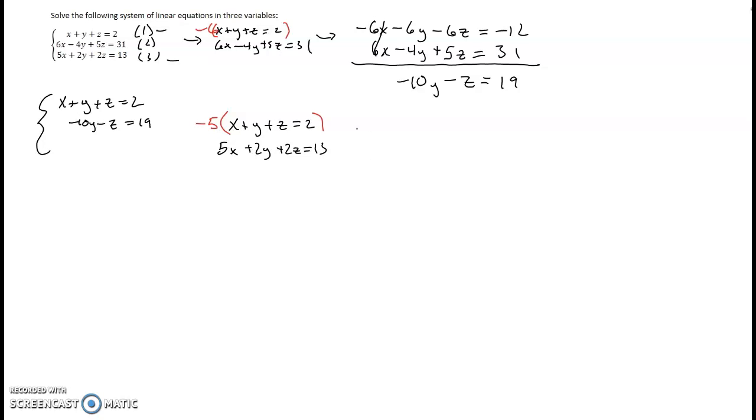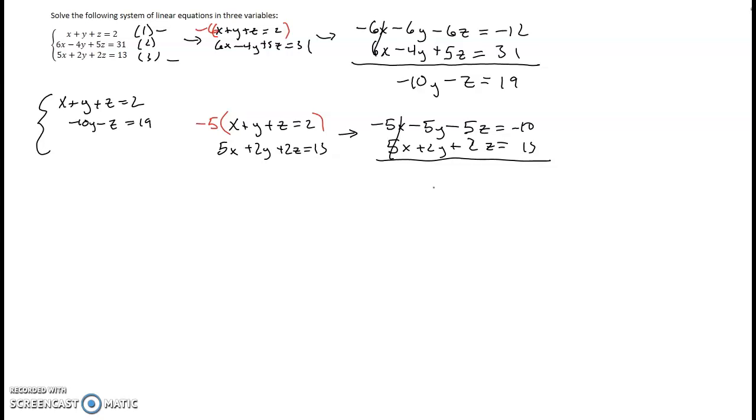And when we multiply that in, we're going to get -5x minus 5y minus 5z equals -10. On the bottom, 5x plus 2y plus 2z equals 13.